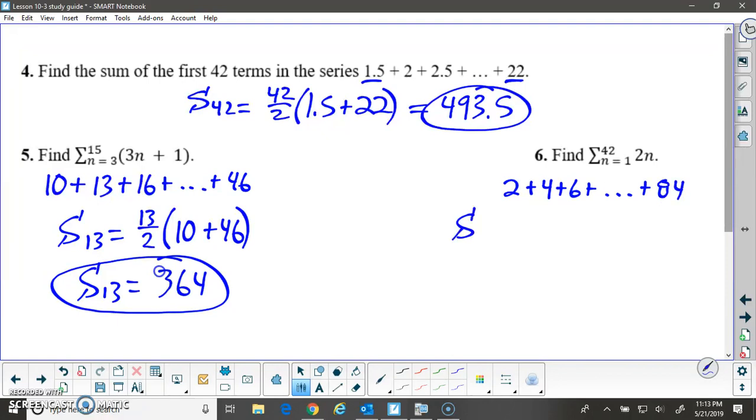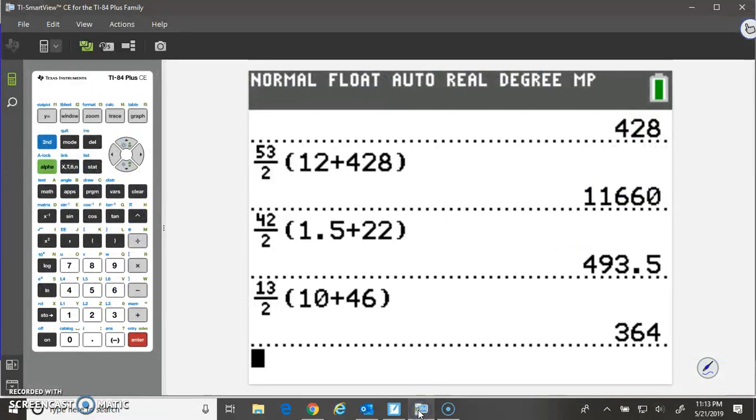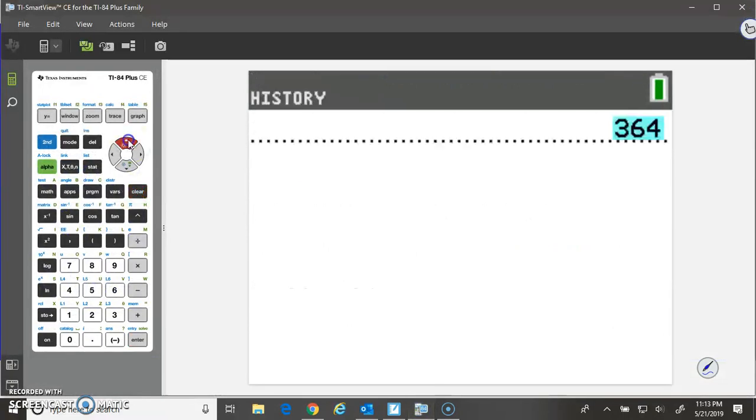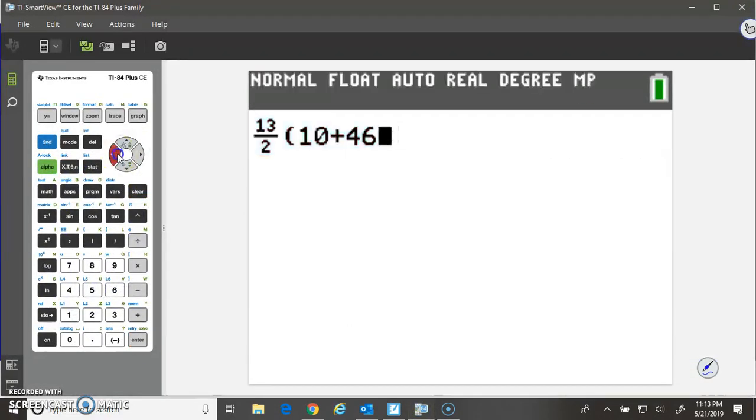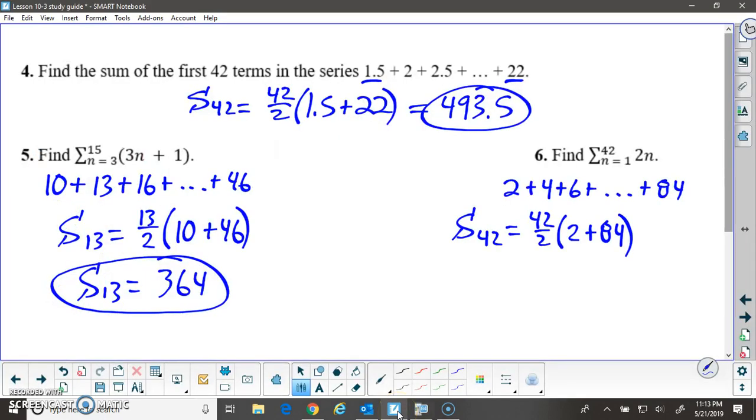So the sum of the first 42 terms of this arithmetic series would be 42 over 2 times 2 plus 84. And so if we go to the calculator on that, put in the right values, make that a 42 over 2, and then we have 2 plus 84.